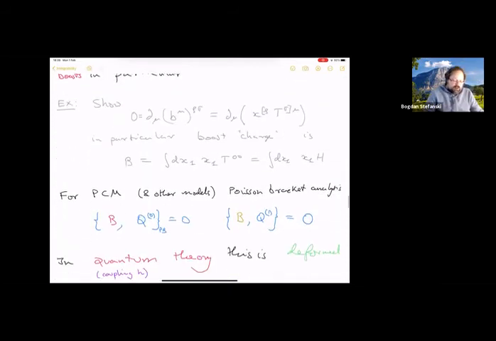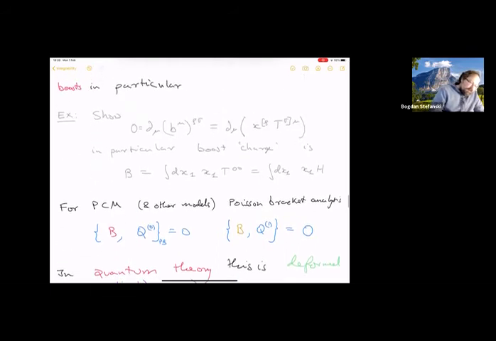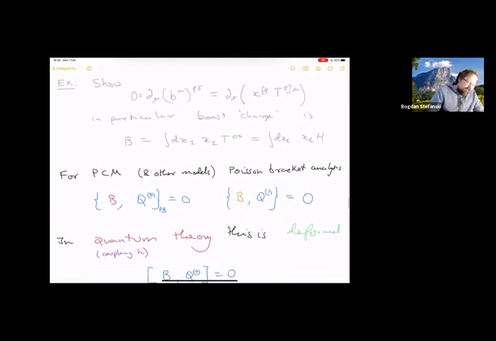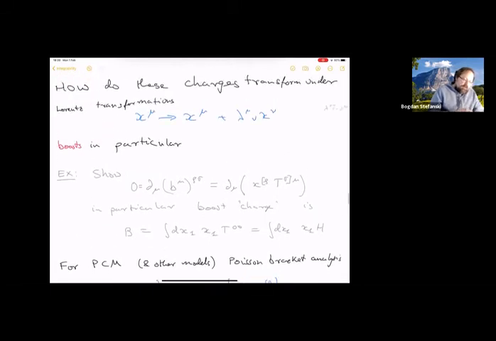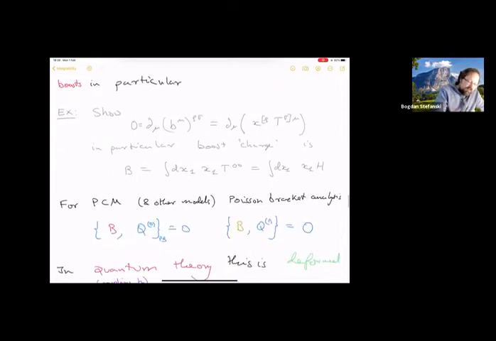Okay, so I'm going to mostly summarize now what happens when you ask the question. You've got these non-local charges. You could look at the Poisson brackets of this theory, and you could ask what happens under Lorentz transformations, just classically in terms of Poisson brackets, to these charges.